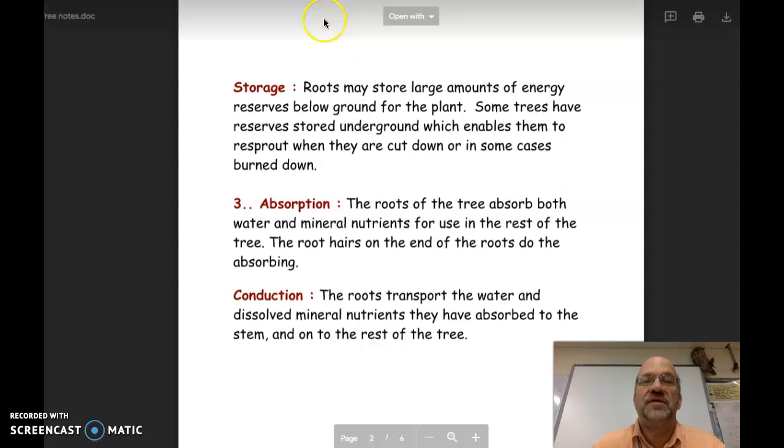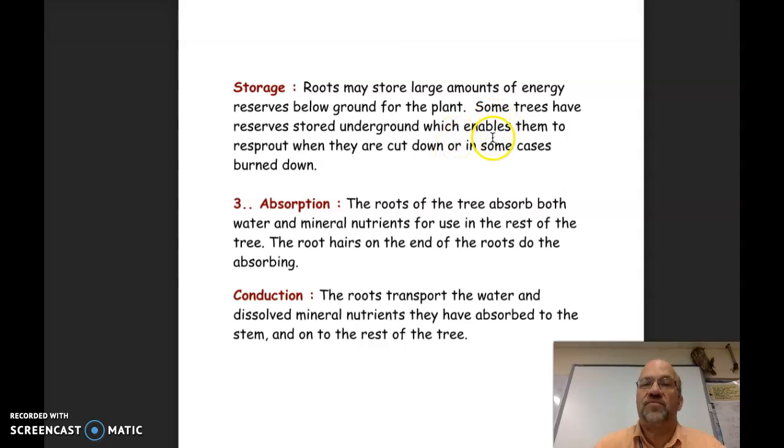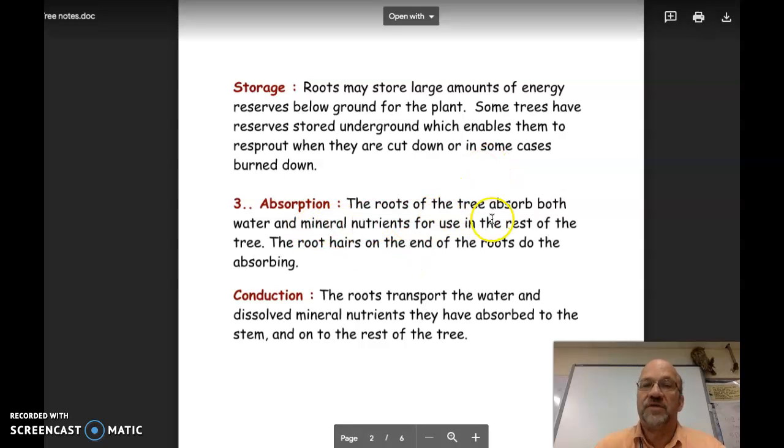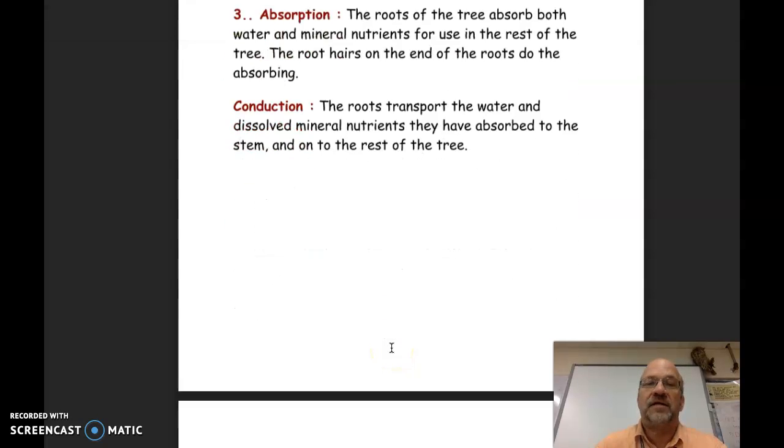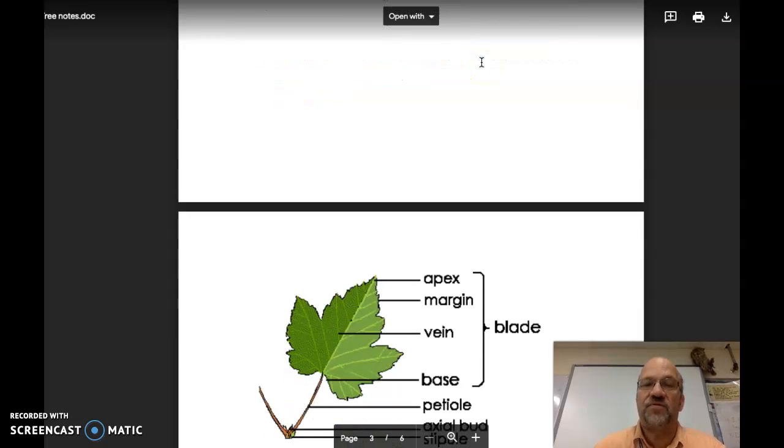Everything has a job. Roots also store large amounts of energy in the ground, especially in the wintertime, so that in the spring the tree can start up again. Absorption of minerals and water, and conduction, the transport of water and minerals up into the tree stem for the growth.